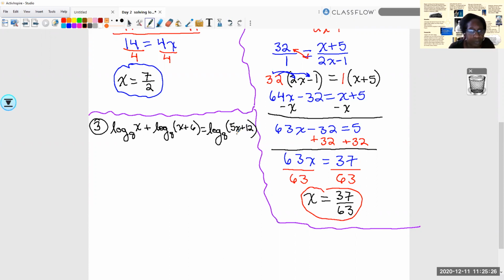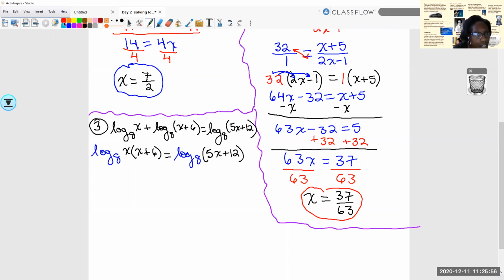All right, this problem. Let's go ahead and consolidate, product property of logs. So log base 8 of x times x plus 6. That's our left side equals, we just copy it right. Log base 8 of 5x plus 12.